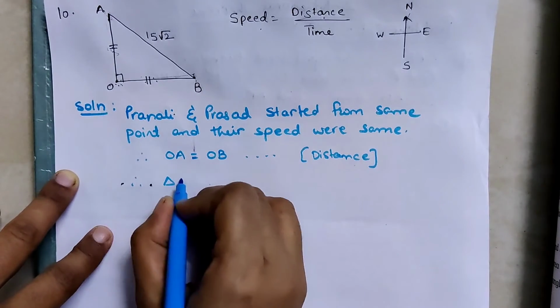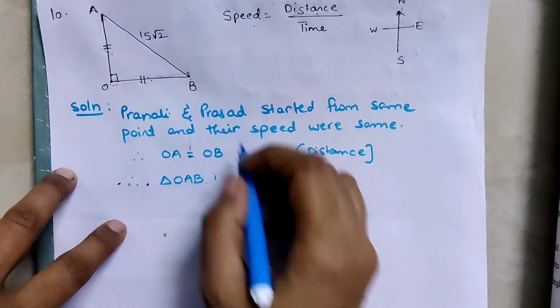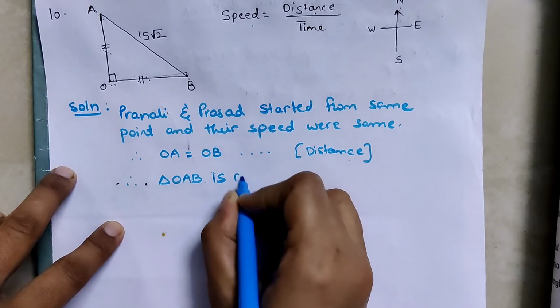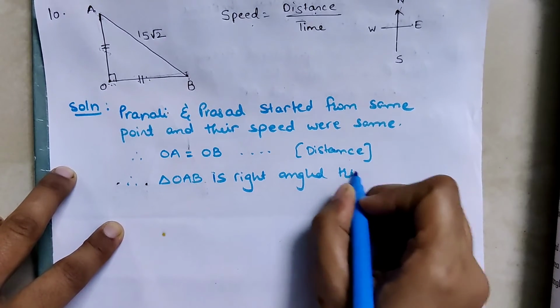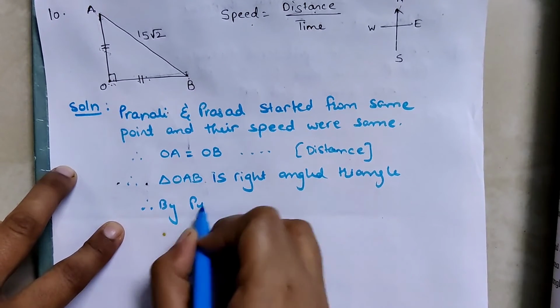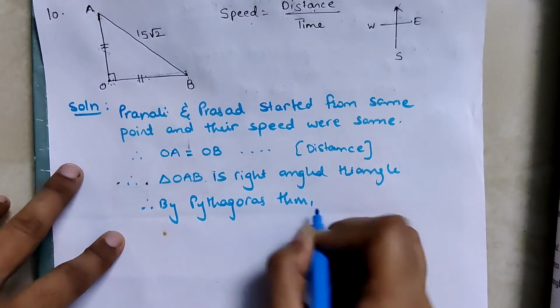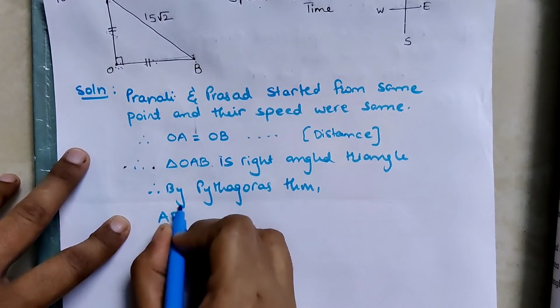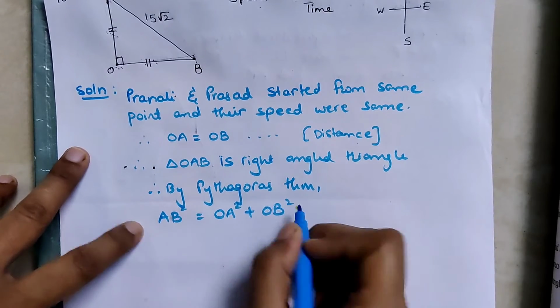Therefore, triangle OAB or you can write AOB is a right angle triangle, right? Therefore, by Pythagoras theorem, what we will write, that AB square is equal to OA square plus OB square.